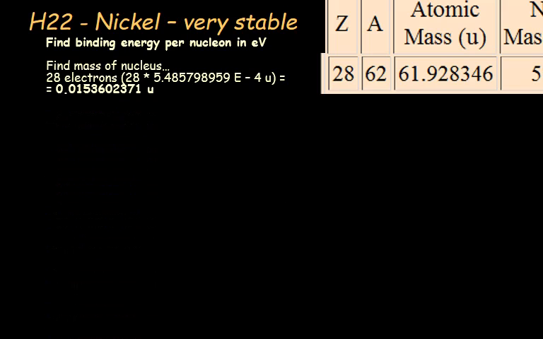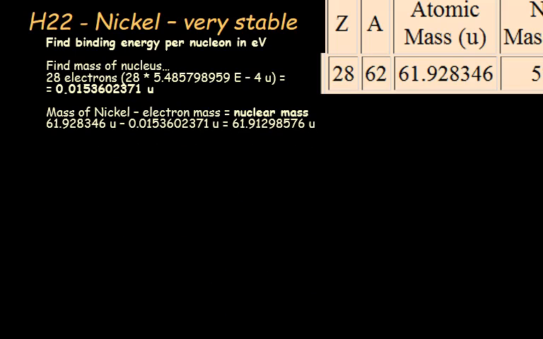We can subtract that mass out from the atomic mass to get the nuclear mass, and there's the nuclear mass. So go ahead and take it from there. Determine the binding energy overall, and then the binding energy per nucleon for nickel with this number of protons and neutrons. Go ahead and pause the clip, and when you're ready to check, you can hit play to continue.